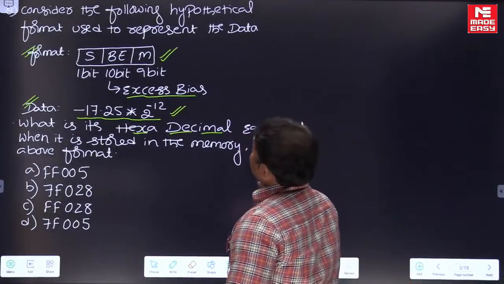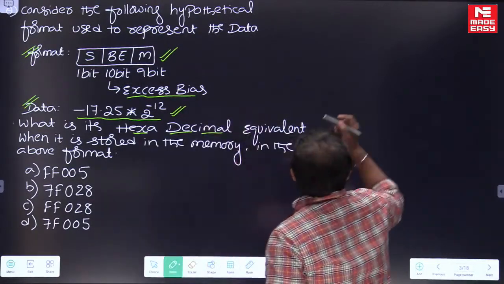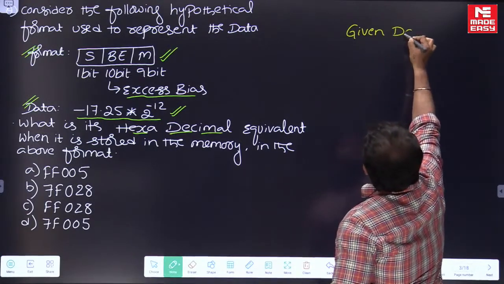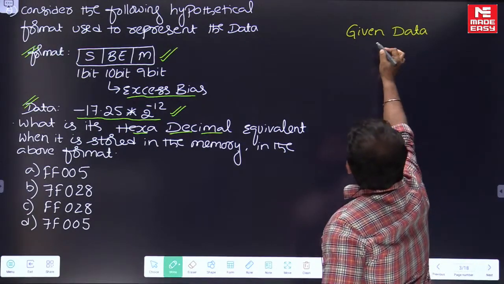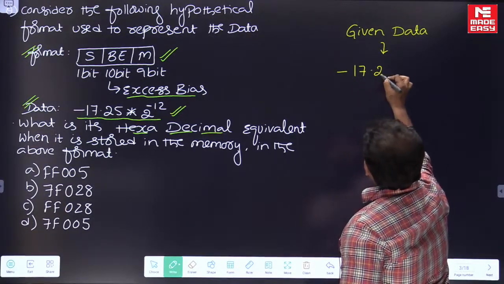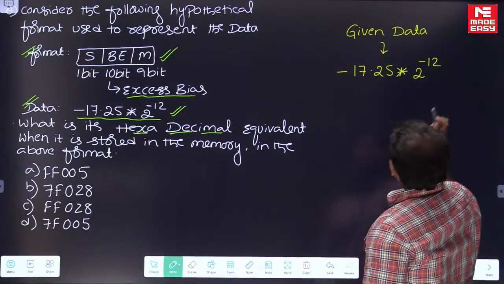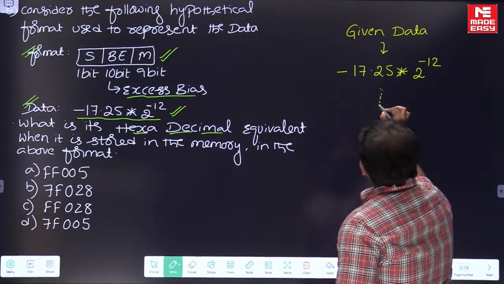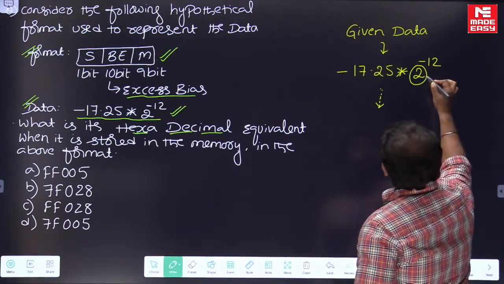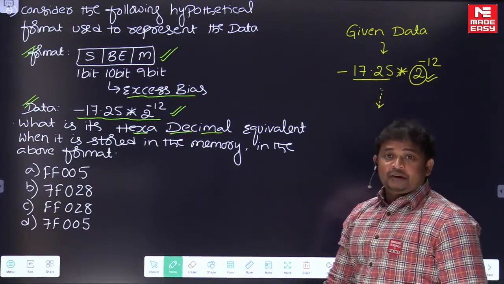Here the format mentioned is excess bias format, and data is given. So first take the given data. Given data is minus 17.25 into 2 to the power of minus 12. This is binary data because the base is 2, but some part of the data is in decimal format.